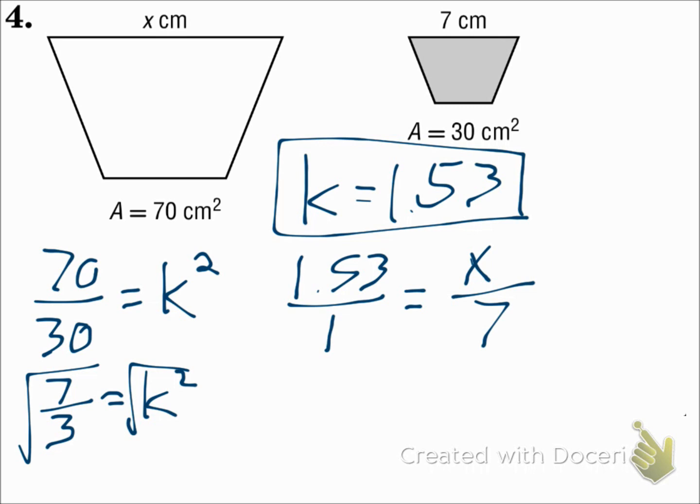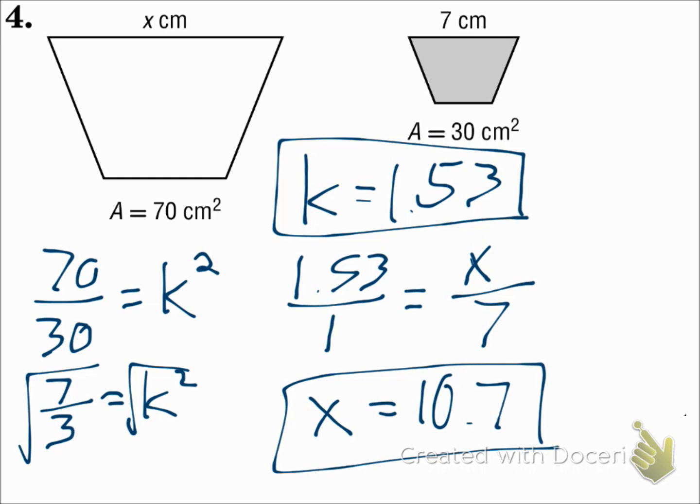Cross multiply. 1 times x is x. 1.53 times 7 is about 10.7. Area over area equals k squared, then use k to find the side length.